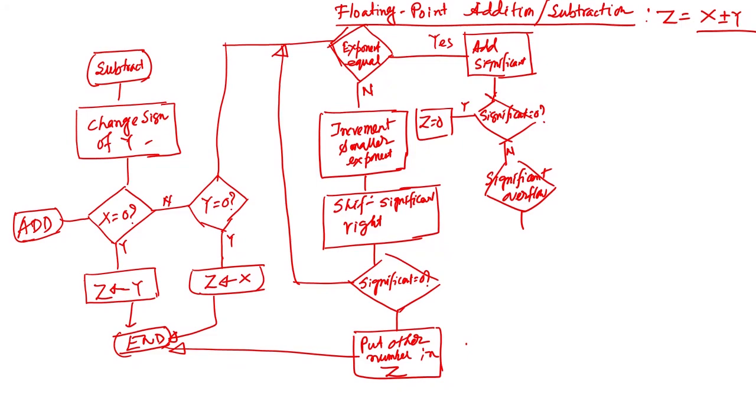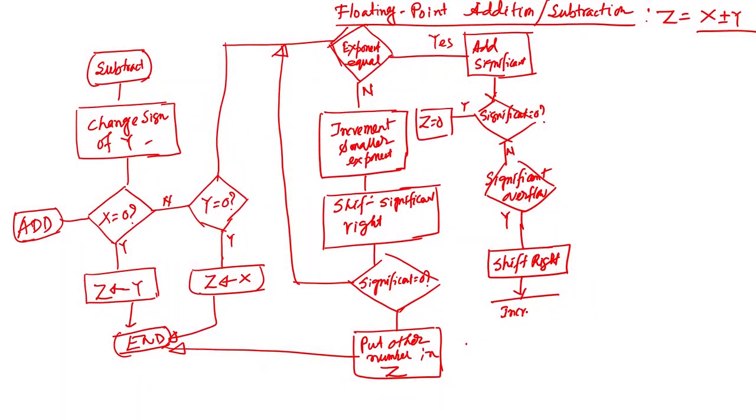Then what do you have to do? If it is yes, shift right and then increment the exponent. Now, if you increment the exponent, there is a chance of exponent overflow.